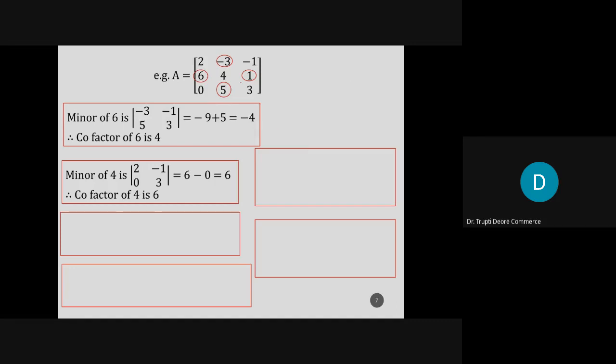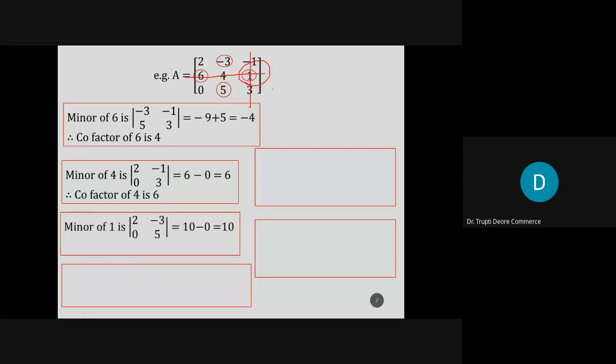Now calculate the minor for this one. Do the minor of 1. This column and this row will be cancelled, so the remaining are 2 -3 and 0 5. Is it 15 or 10?